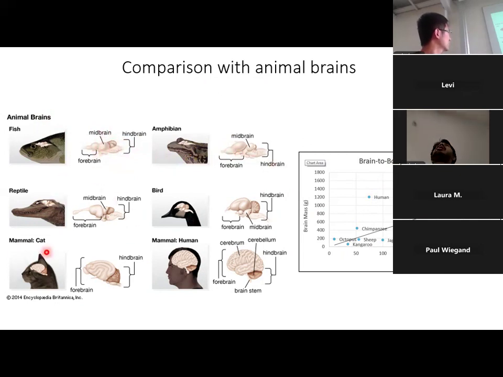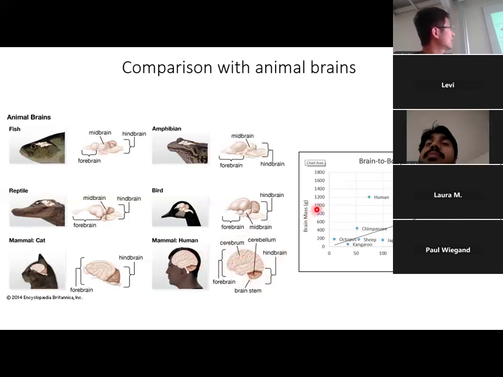And then if we go to higher-level species like the cat, the monkey and humans, you see this folding, called sulcus. They have this folding inside the brain, and if you put all this folding out on the surface, it would be very large.